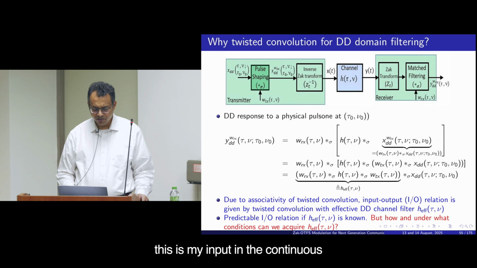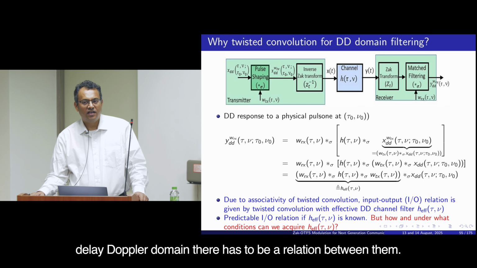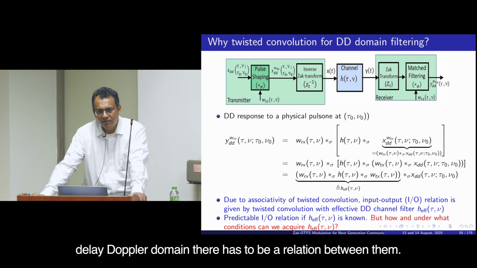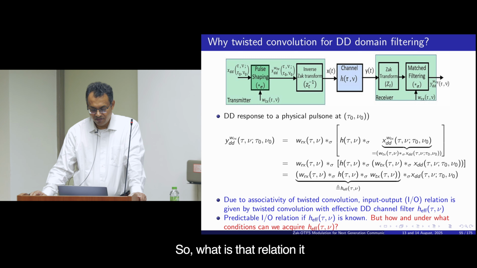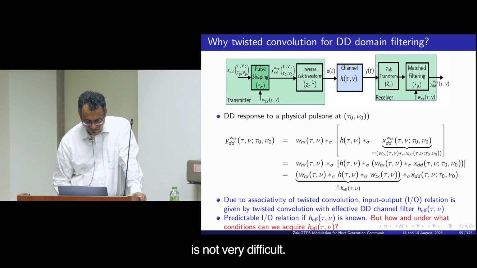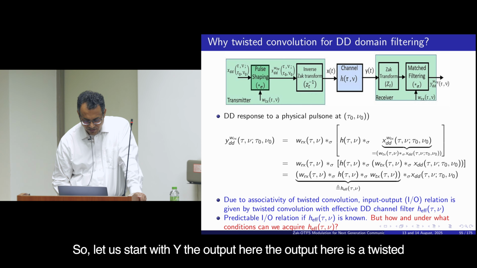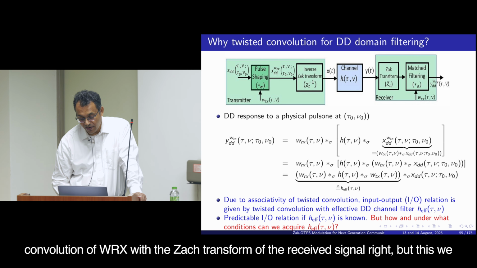This is my input in the continuous delay-Doppler domain. There has to be a relation between them. So, what is that relation? It is not very difficult. Let us start with the output here. The output here is a twisted convolution of WRX with the Zak transform of the received signal.